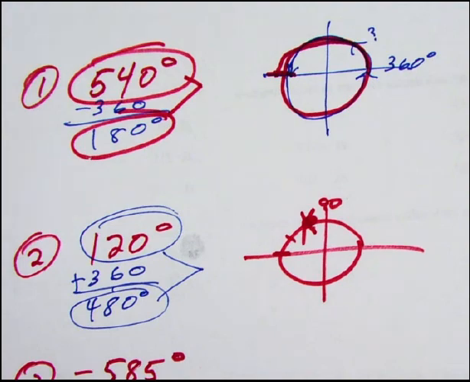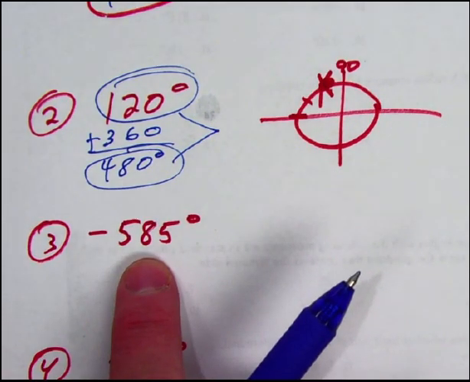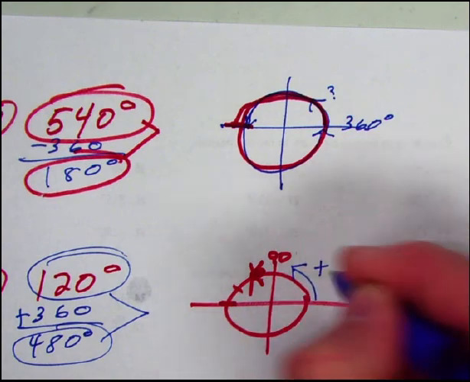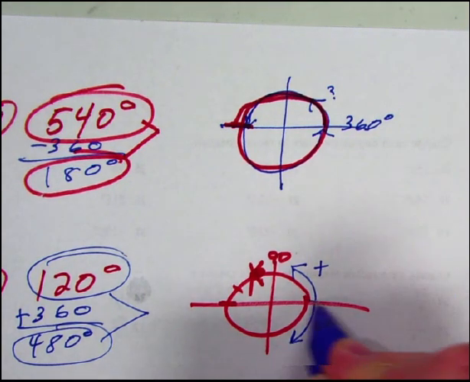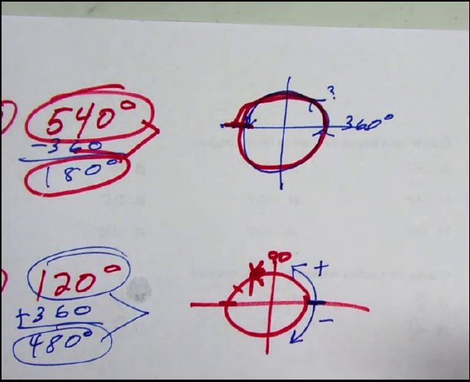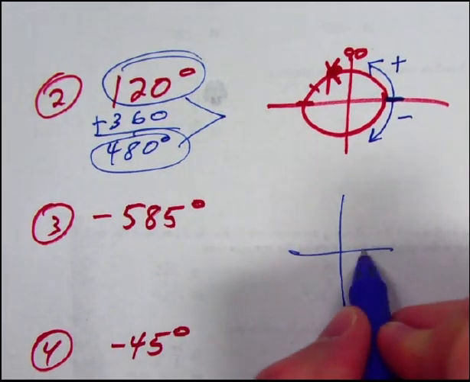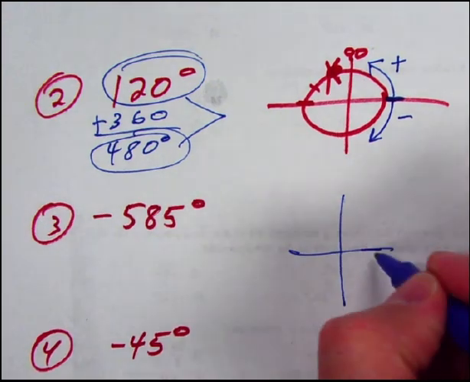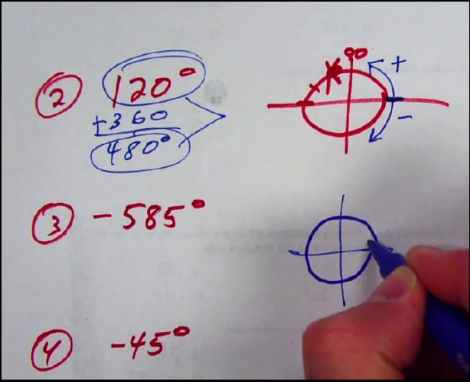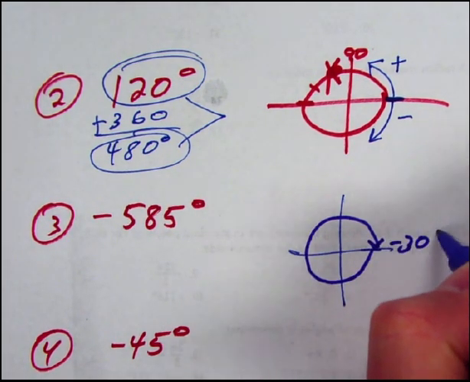We call that coterminal. Negative coterminal angles also exist, where you can kind of unrotate, so to speak. If we travel this way in a positive rotation direction, we can leave home, which is right here, and travel in a negative rotation direction as well. So if I go negative 585, if I start here and travel negatively all the way around the circle, well, that's negative 360 because that's backwards.